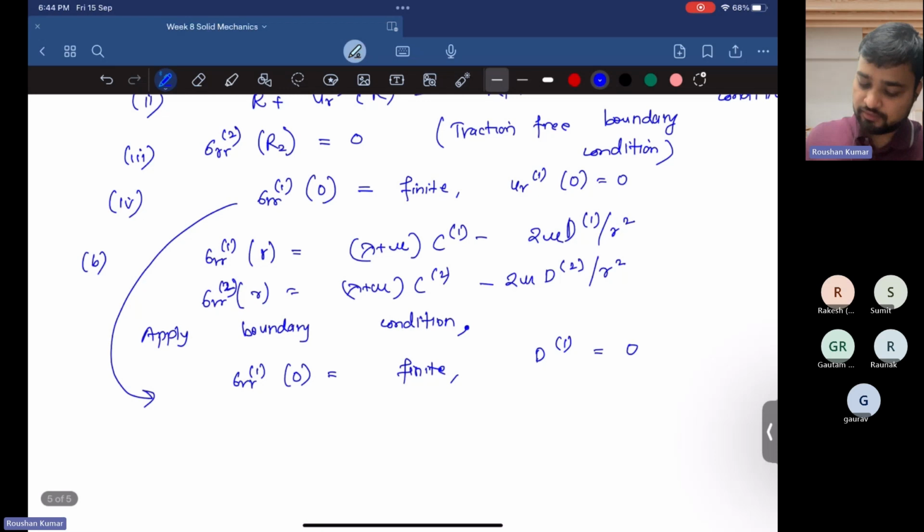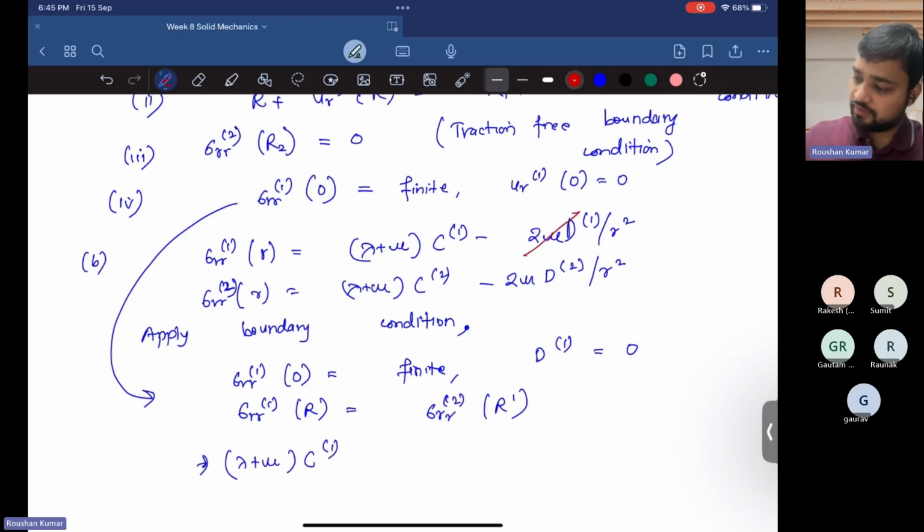The second is sigma r at 1 equal to sigma r at 2. So from here d1 cancels out, and lambda plus mu c1 equals lambda plus mu c2 minus 2 mu d2 upon r square.